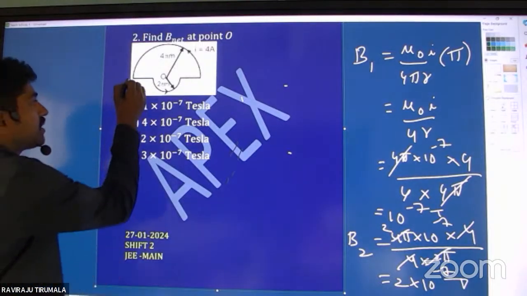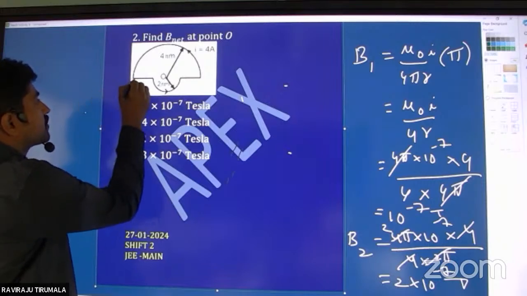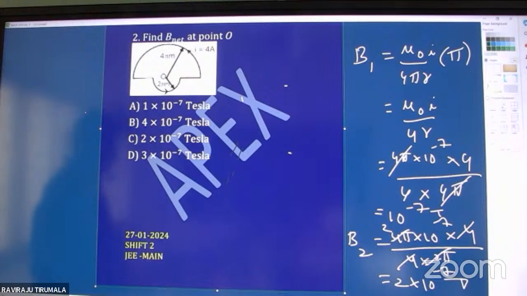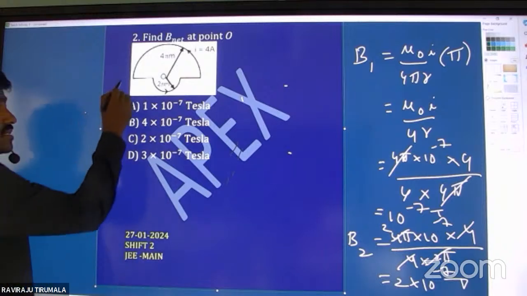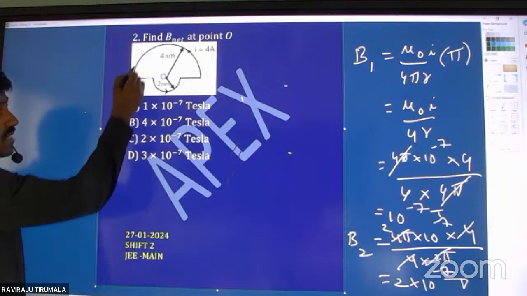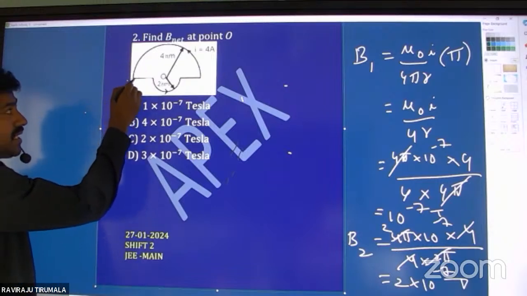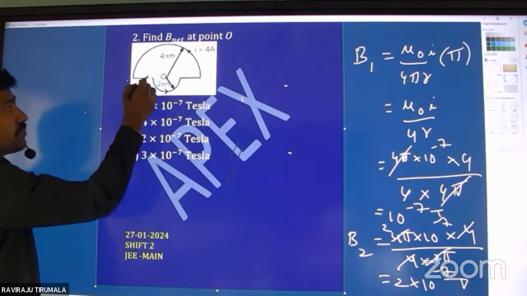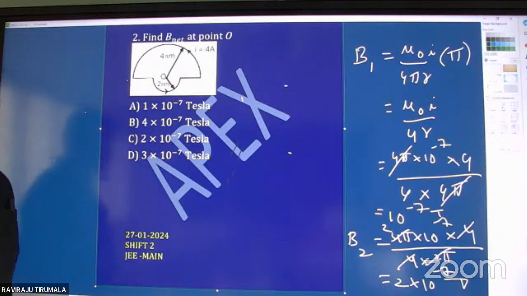And the other two parts you see there. For this particular part, this is a straight line. But the point is taken not above or below it, but directly at the end of that line.